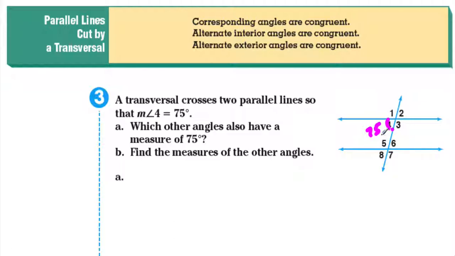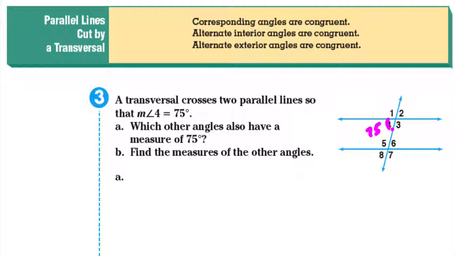There will be only 2 angle measures that you will find in all of these 8 angles. So let's take a look at this example. If the measure of angle 4 is 75 degrees, which other angles also have the measure of 75 degrees?